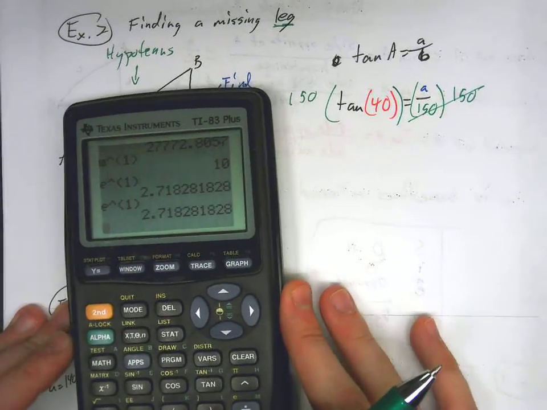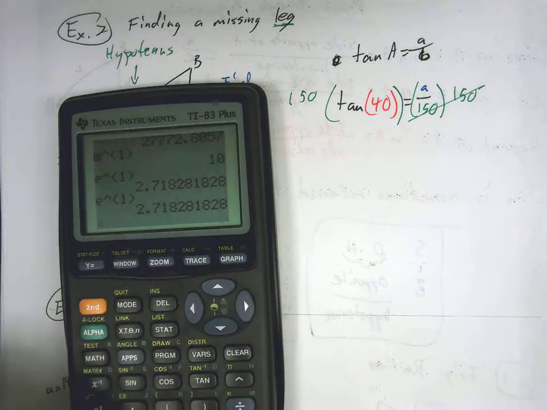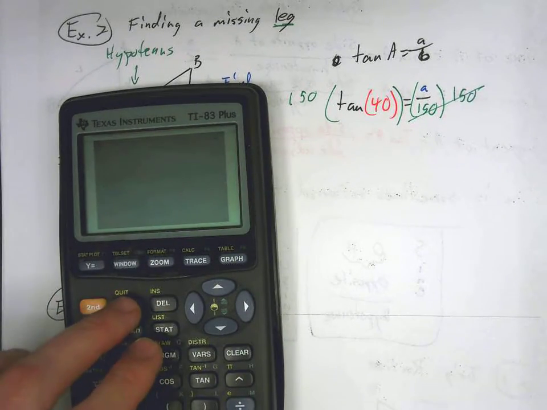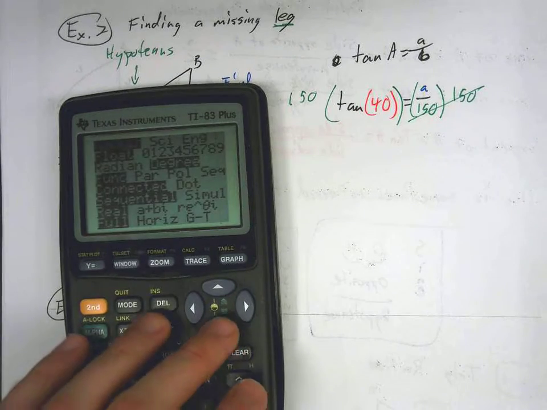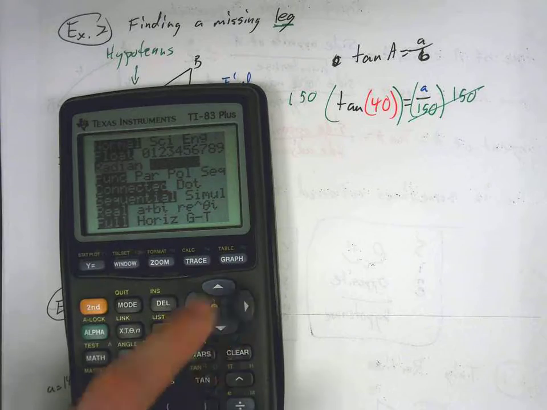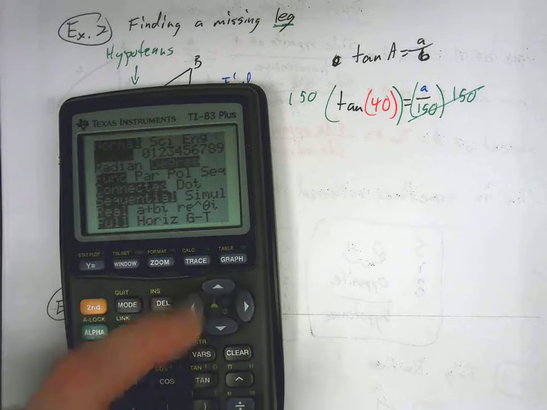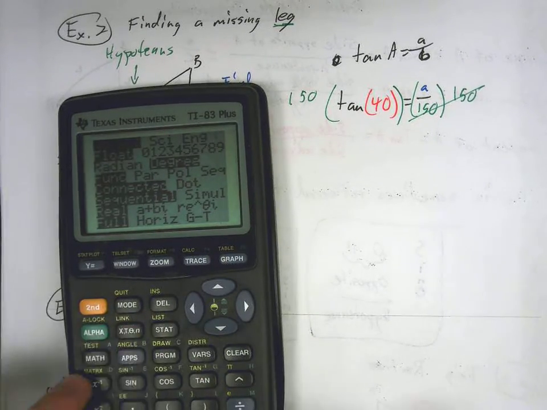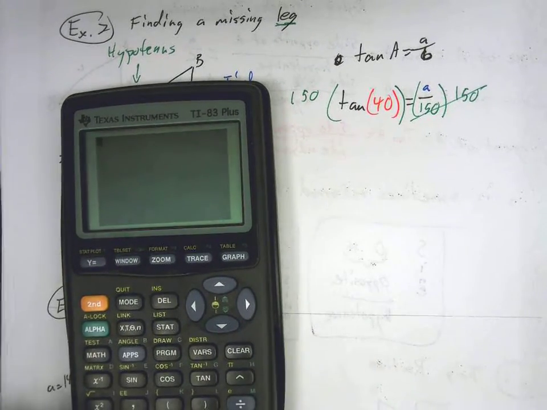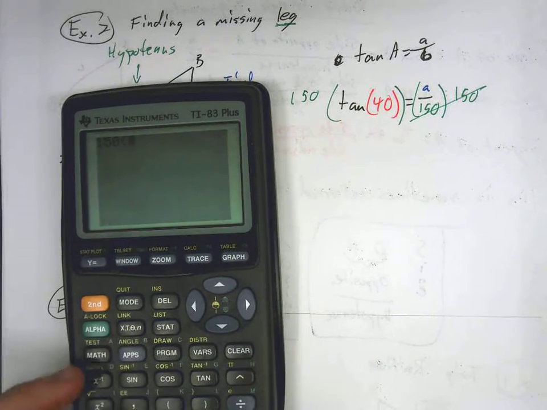When you plug this in the calculator, you need to be careful because we need to make sure we're in the right mode, in degrees. If you go to mode, the third place down has radian and degree. You want to make sure that dark part is on degree. It already is, so I can hit second quit to get back out. Then I'm going to type in 150.